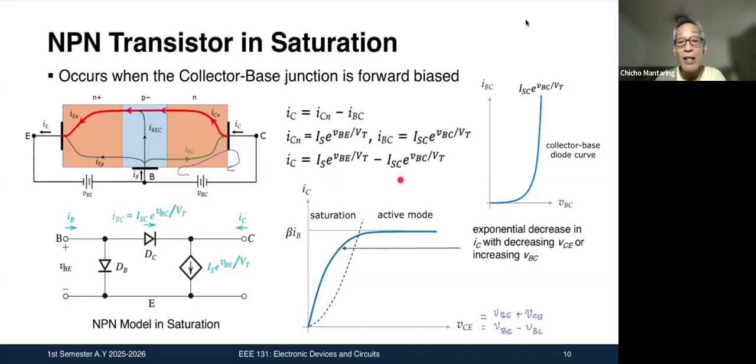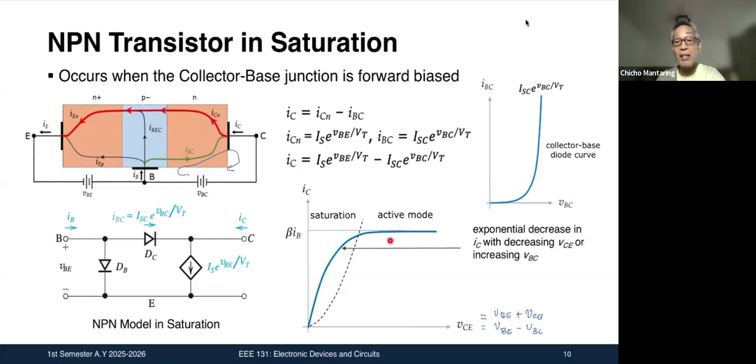And that's when this current will kick in. When this current kicks in, that will subtract from our forward active current, and that's why the value of your collector current will go down, because of this term. Itong term na to, assuming that VBE is constant, stays more or less constant. Now this term will steadily increase as VCE decreases.